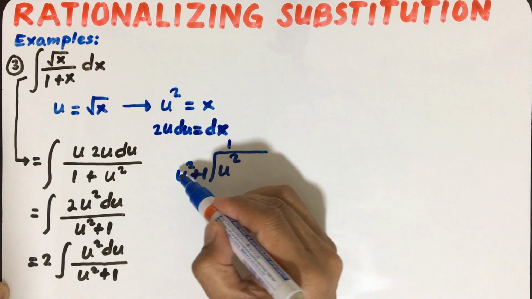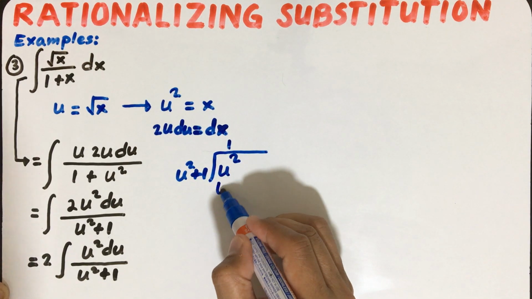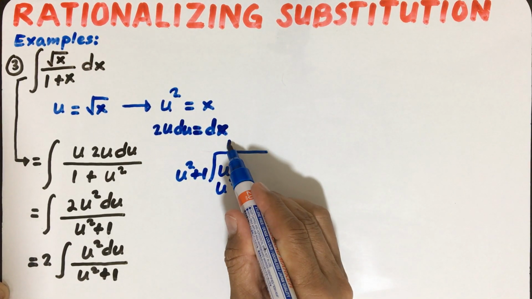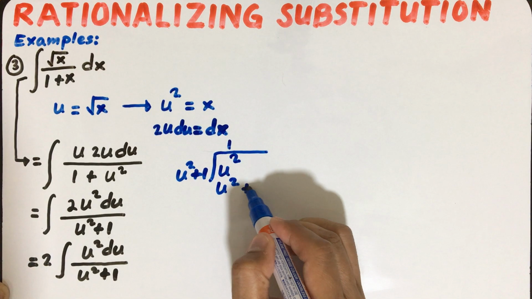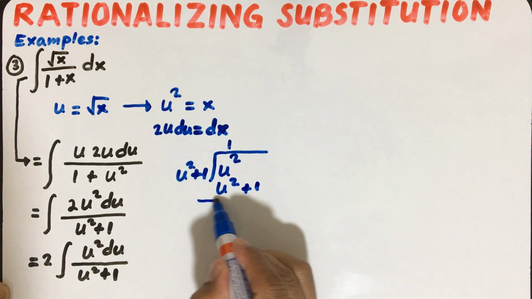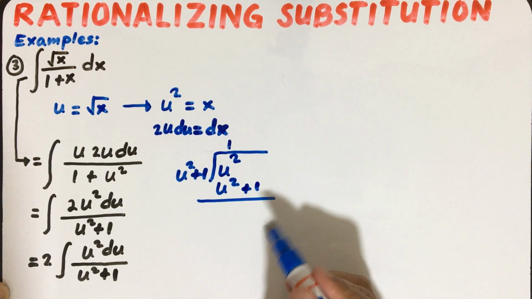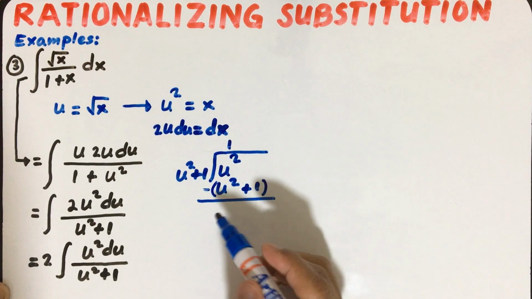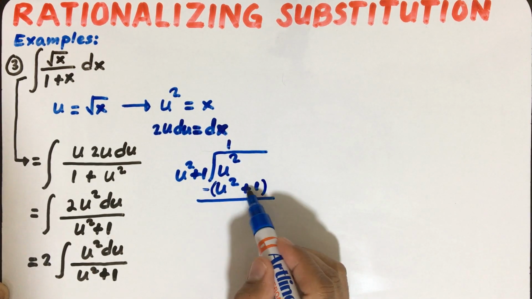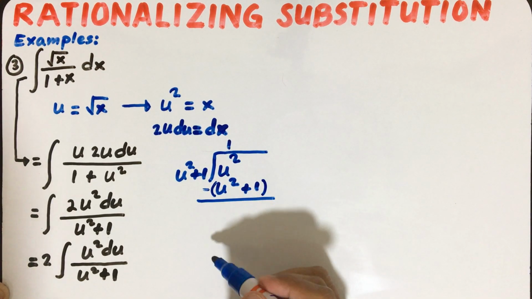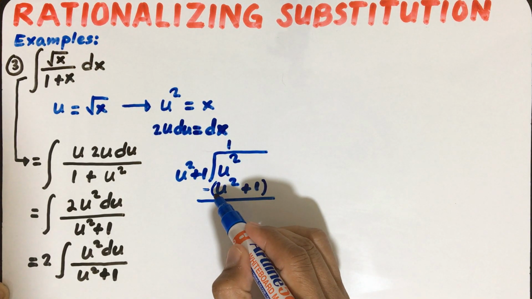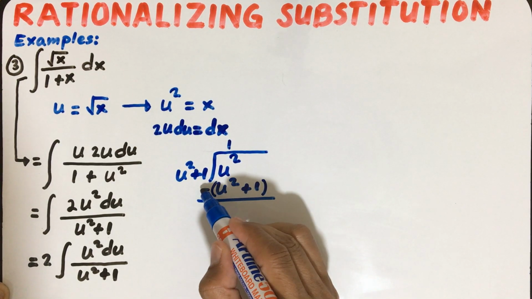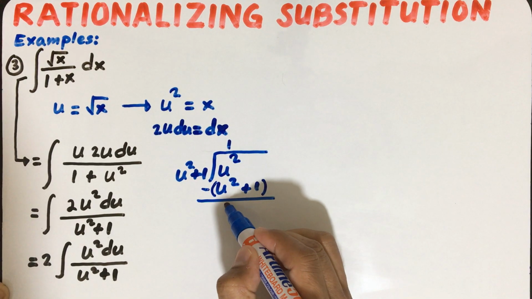So 1 times u squared, that is u squared. Then 1 times positive 1, so that is positive 1. Okay, and then we subtract. Alright, so when we subtract, the rule here is change the sign of the subtrahend and then proceed to addition. So this will be u squared minus u squared, then you add, so this becomes 0.